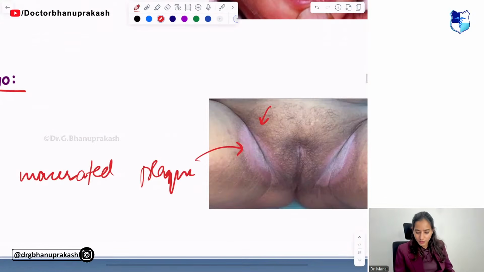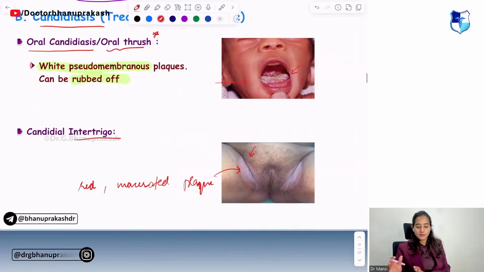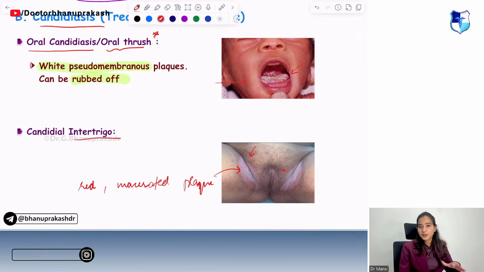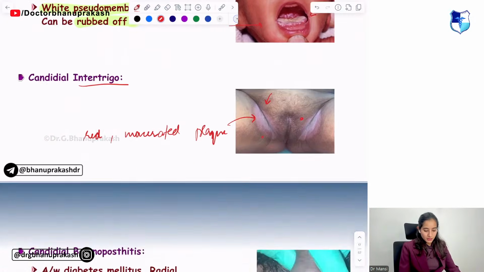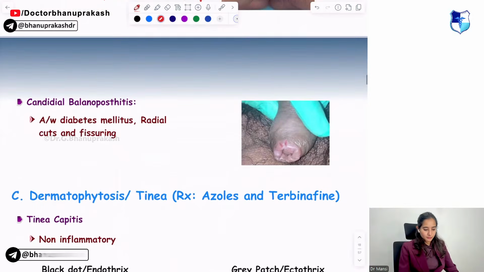You can also see some satellite lesions a little away from this red macerated plaque. This is wet, so if you examine with your gloves, it will be wet to touch. That's how you can diagnose candidal intertrigo.